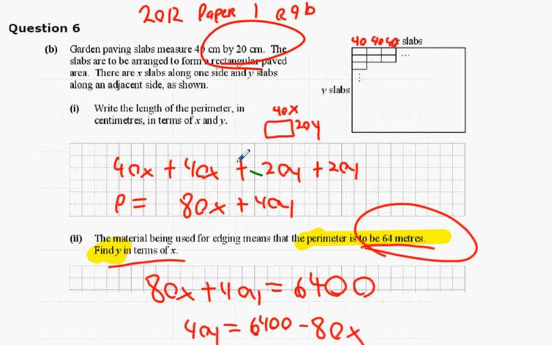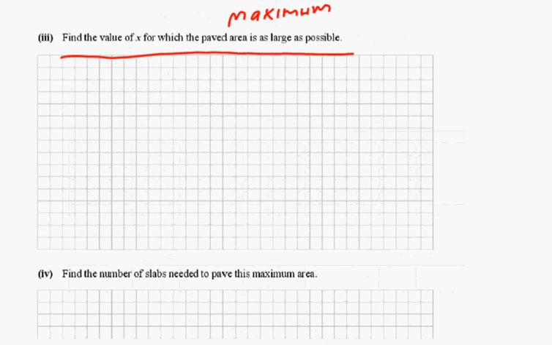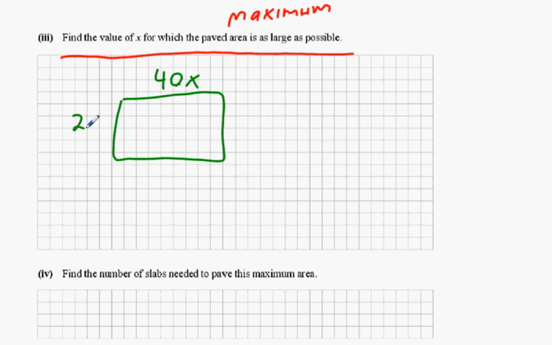Okay? Now, the worst thing about this is, when you go back to your original back here, that's this here. That's what we're talking about, the length and the width. So the length and width we're talking about is 40x and 20y. What's the area of this, guys?